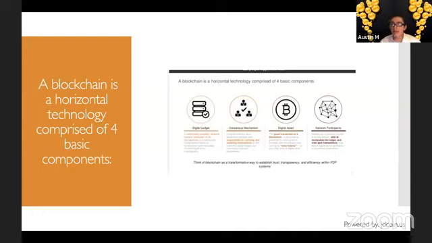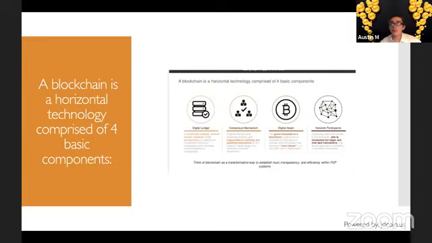Third, a digital asset, which is the goods transacted on the blockchain. Cryptocurrency provided the initial proof of concept, and with the industry now looking to tokenize any other form of asset, it's that incentivization.